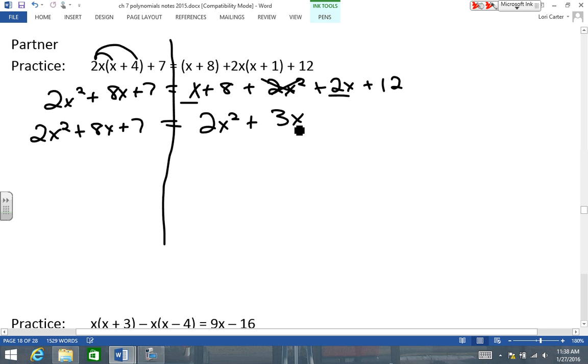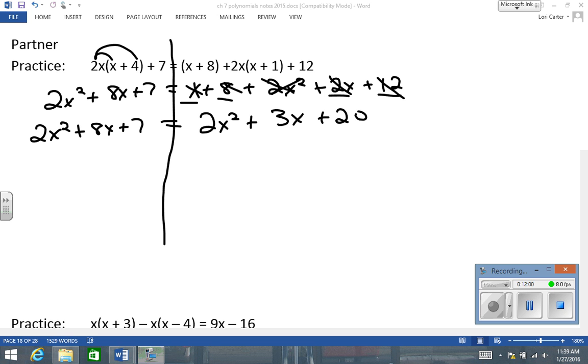Who's next? 8 and 12, and what does that give me? 20. Now, everybody's combined and you need to move. Okay, who needs to move? The 2x squared.